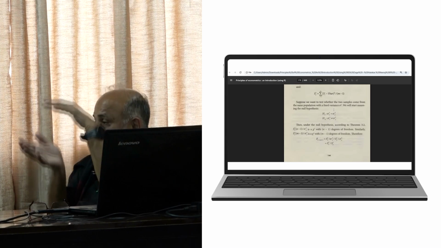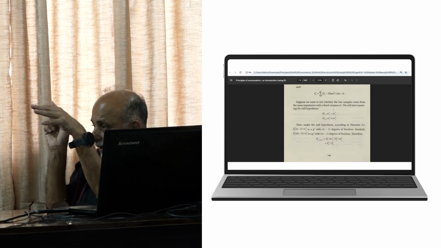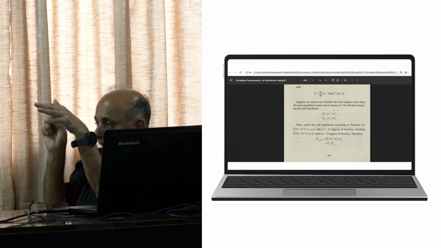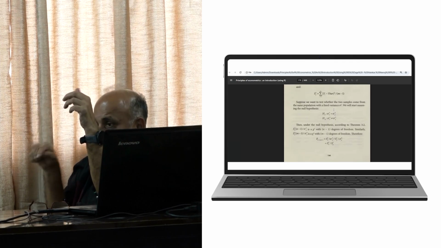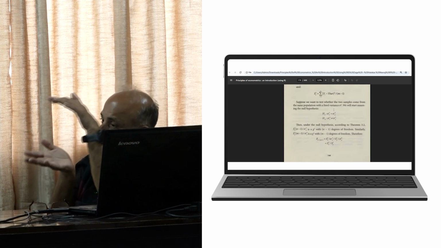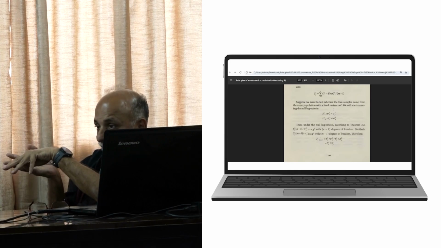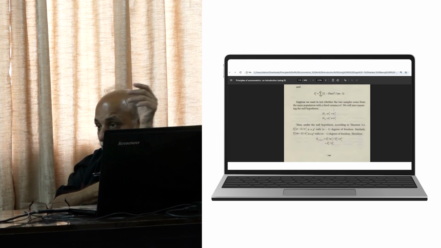What is the second chi-square? S square y into m minus 1 by sigma square y. Divided by m minus 1, that becomes s square y upon sigma square y. Then you take the ratio of the two.